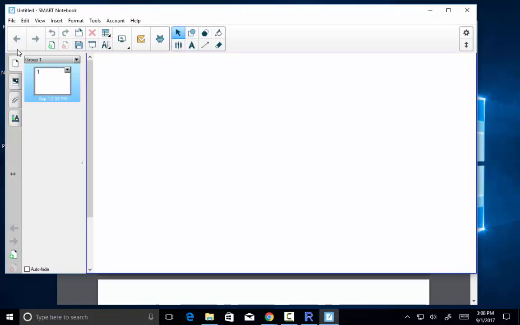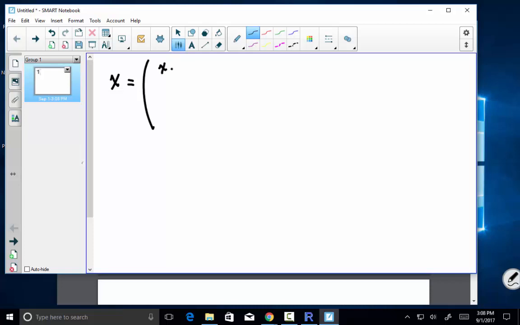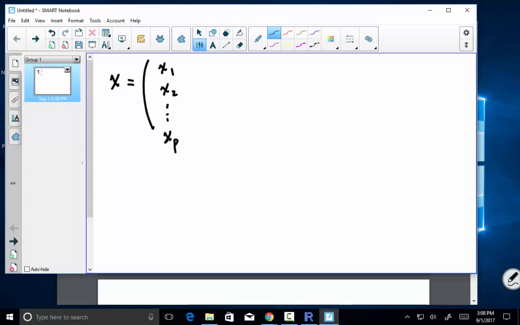Suppose we have 2 vectors, x is a vector that contains the entries x1, x2, up to xp. And y is another vector. So a vector for us is just a collection of measurements. Could be numeric, could be categorical. Let's suppose these are numeric.